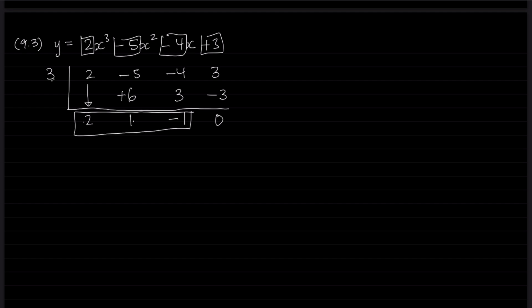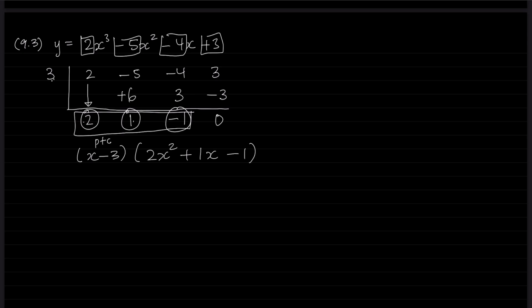So we can factorize our original cubic function: x minus 3, this is from point C. And the balance is going to be 2x squared, the 2 is here, then plus 1x, there's the plus 1, and then minus 1.